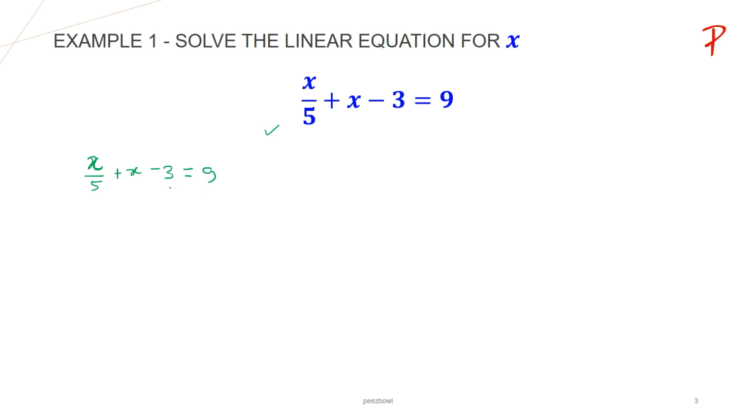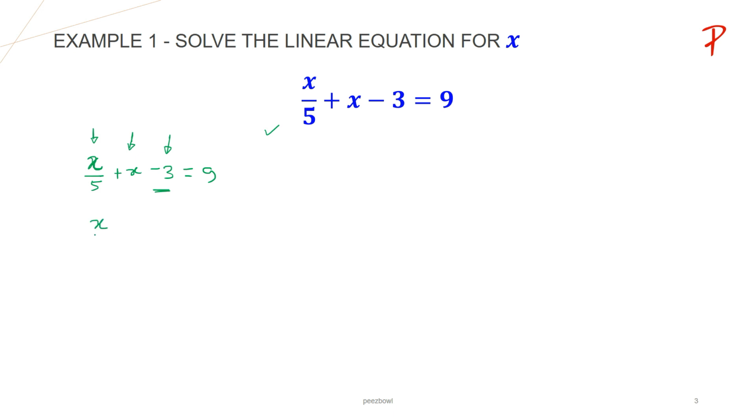For the first step I will try to remove this number from left hand side. Here we have x upon 5, the second term is only x, but the third term is minus 3. So I will try to remove minus 3 from left hand side. And how will I do that?